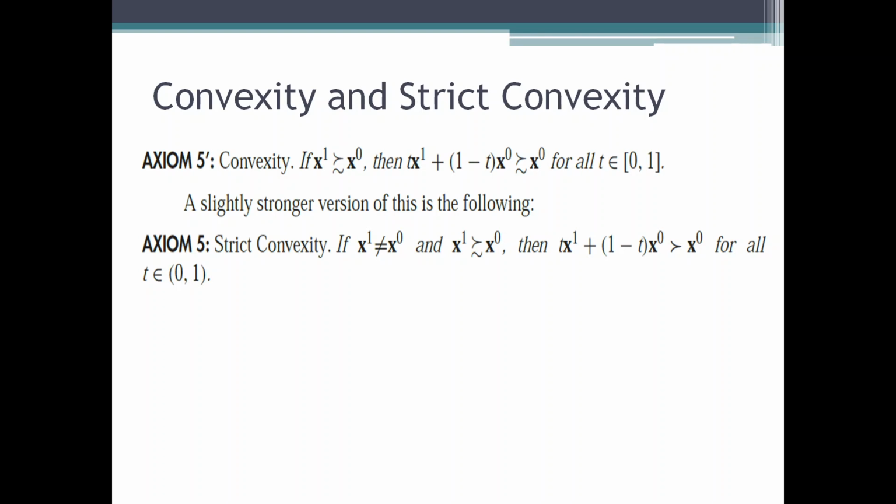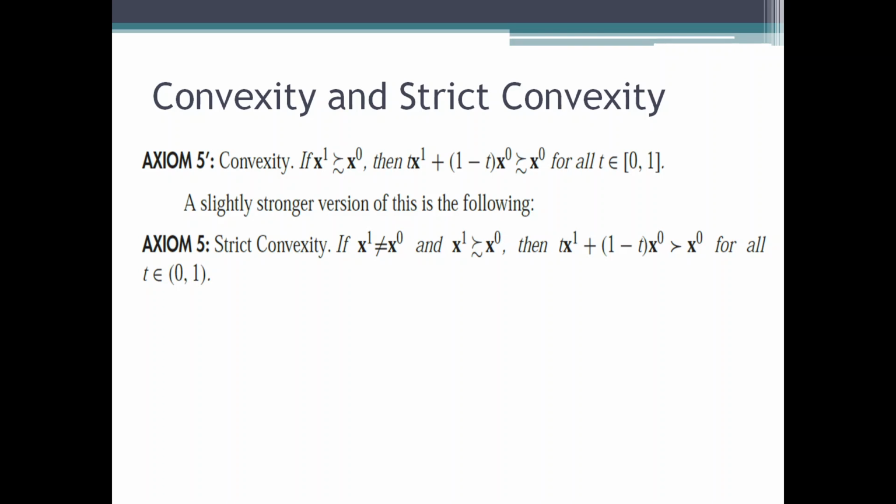So this is just some numbers. If I'm saying that x1 is at least as preferred as x naught, and then I take the weighted average of both consumption bundles, can't I say that this new weighted average consumption bundle is at least as preferred as x naught, the consumption bundle that is not as preferred as x1?